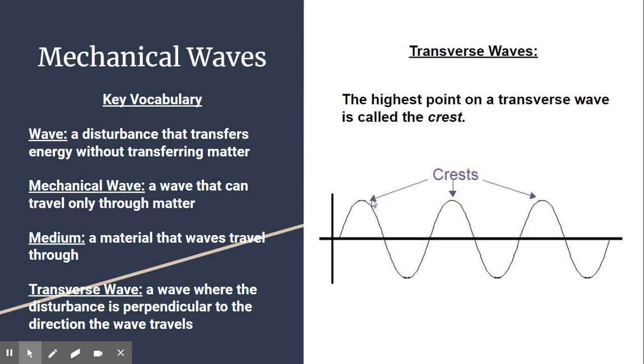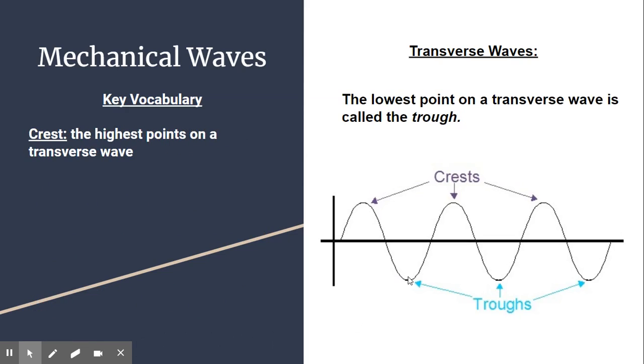As you fall off of the crest, you end up down at the bottom, which is what we call the troughs. Troughs are those lowest points. Both of those ideas should be added into your vocabulary section. The crest is the highest point on a transverse wave, and the trough is the lowest point on a transverse wave.